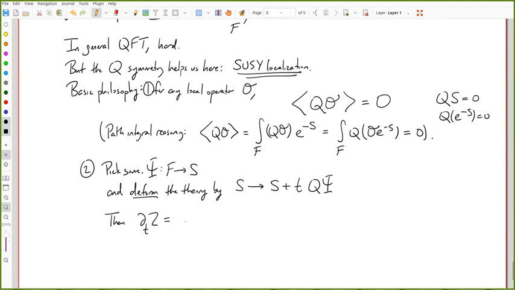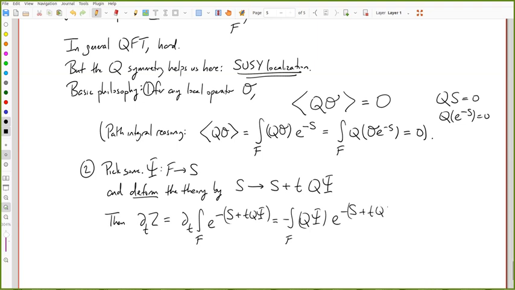Well, okay, so again, let's just write the formal path integral thing. So that's the derivative of the integral of e to the minus S plus T Q psi, right? And what is that? That's, well, the T derivative just pulls down a copy of the Q psi, times e to the minus S plus T Q psi, with a minus sign, it's not going to matter.